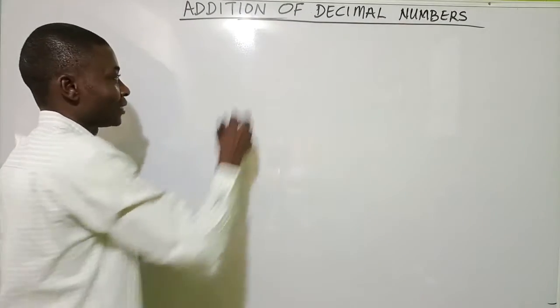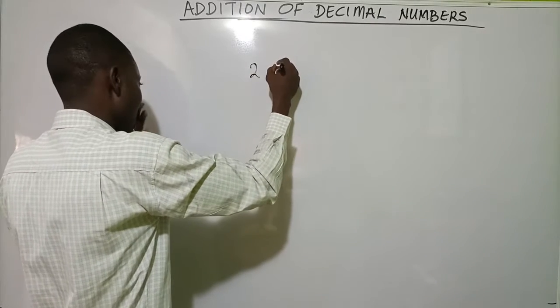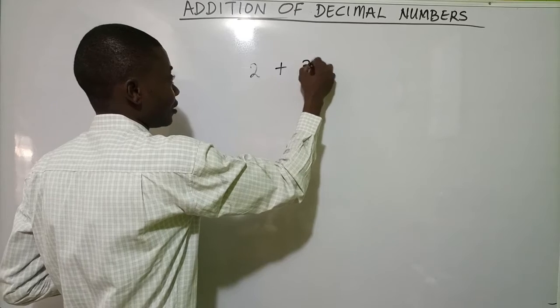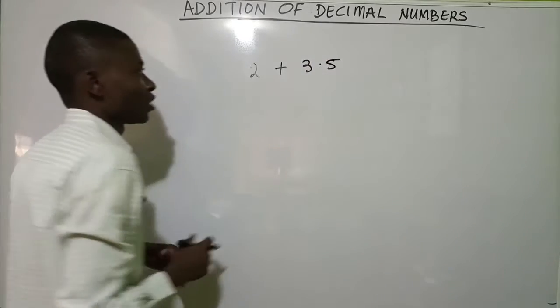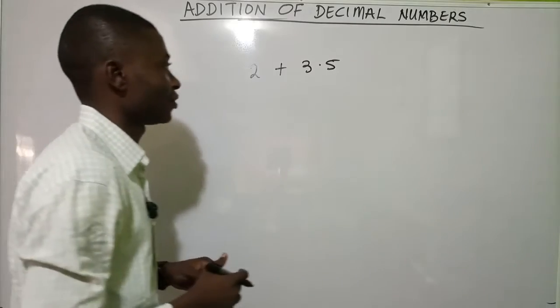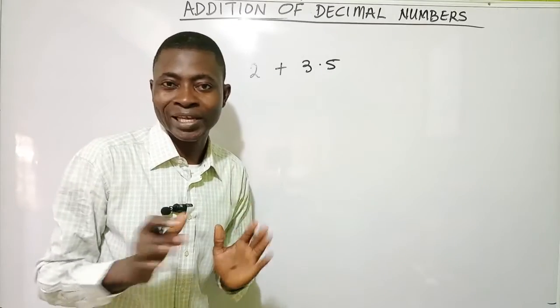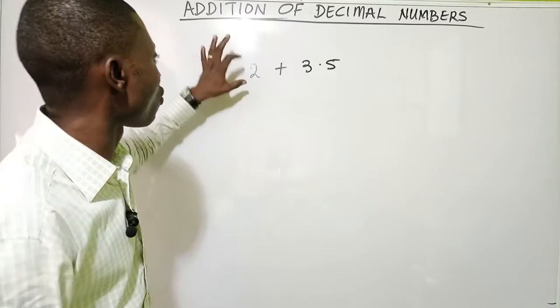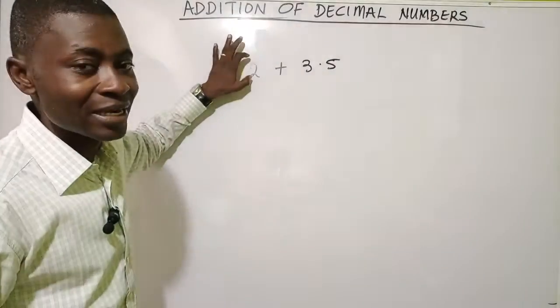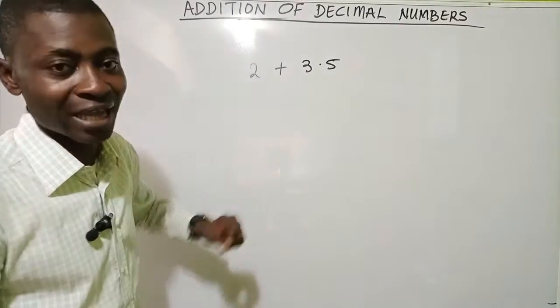Maybe you are asked to add 2 plus, let's say, 3.5. Now there's something I want us to know in this class today: when you see a whole number standing like this, there is also a decimal point attached to it.